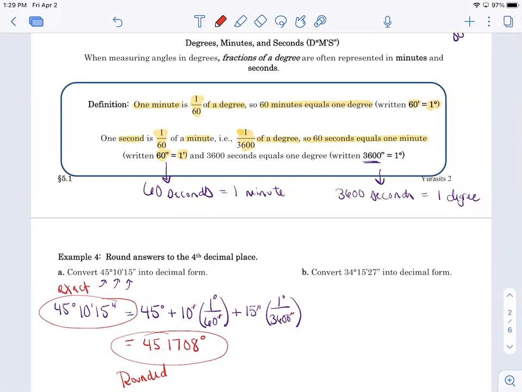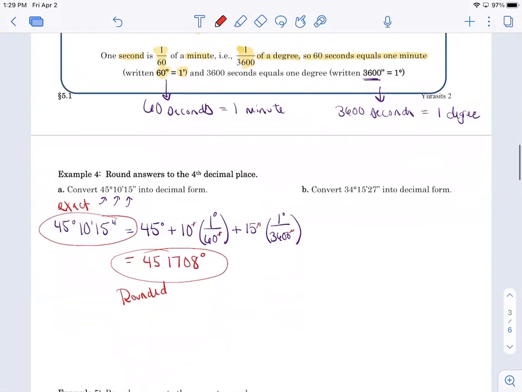All right, so if we try B, 34 degrees, 15 minutes, 27 seconds. Well, that will be 34 degrees plus 15 minutes times 1/60th plus 27 times 1/3600.